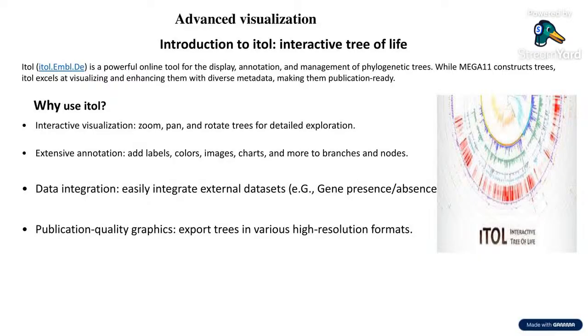It is also helpful with external data sets, for example bar charts and heat maps showing antibiotic resistance, gene expression, or geographical location. iTOL allows us to export the final annotated tree in high resolution in PNG, SVG, or PDF format, which are useful for our publication.